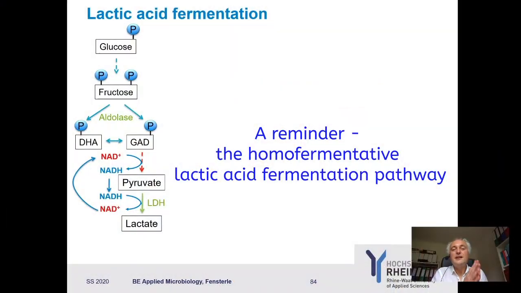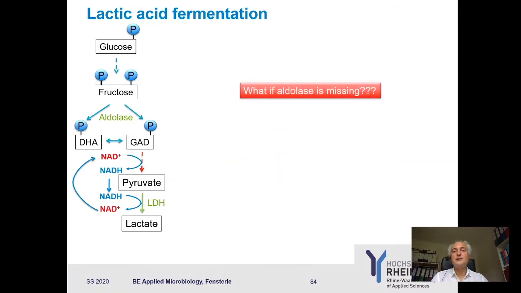Here we go. Okay, again, this pathway depends on a full glycolysis pathway. I produce pyruvate, which I then use as an internal electron acceptor to produce lactate. Now, what happens if I have no aldolase? There are bacteria around that have no aldolase.